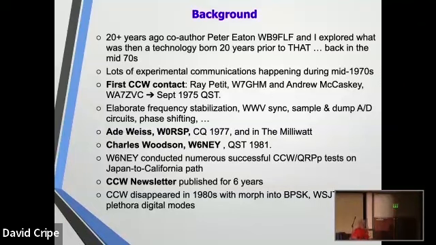Essentially, that concept morphed into BPSK with some of the work that VE, I don't even have his call sign up there, Ray, I can't remember his name, up in Canada. Ray developed some BPSK, binary phase shift keying techniques that ultimately then evolved into some of the digital techniques that we have today. So that kind of left CCW in the dust, so to speak.